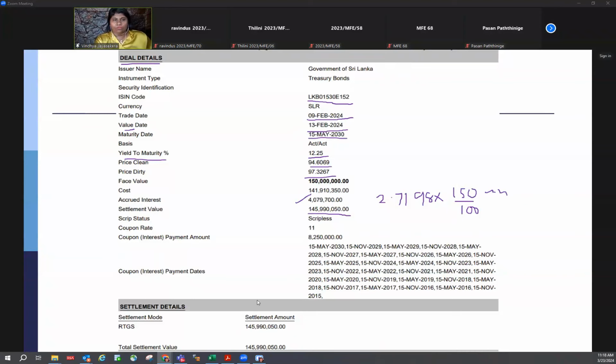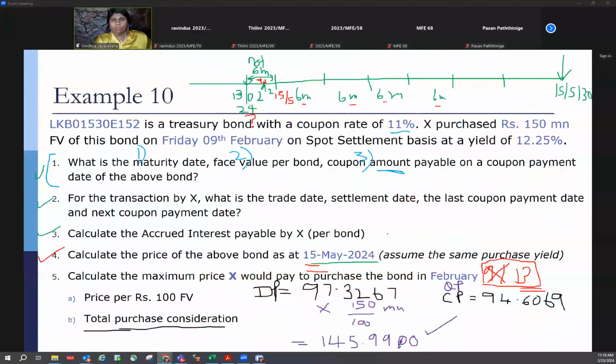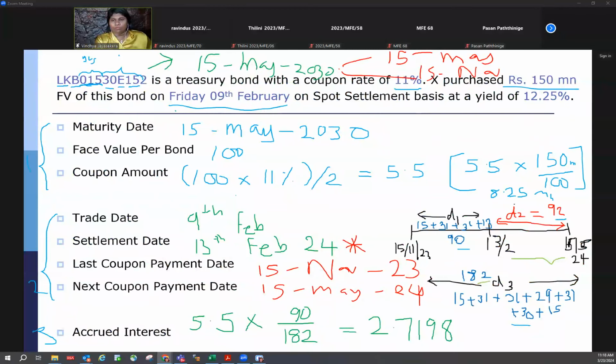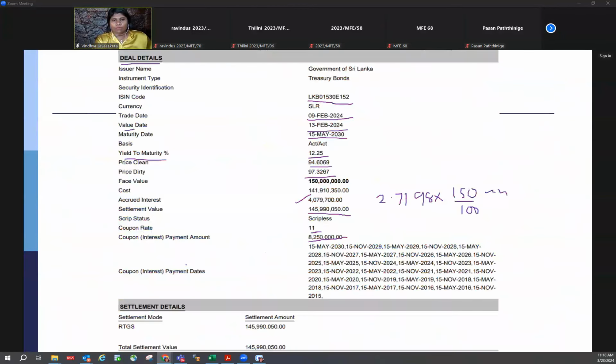Okay. So you can see here coupon rate is 11% of this bond. That also is information that was given to you. Coupon payment is 8.25 million. That also we calculated right at the beginning, remember? And coupon payment dates, 15th of May 2030, starting from the time it was issued. These are all the coupon payment dates.